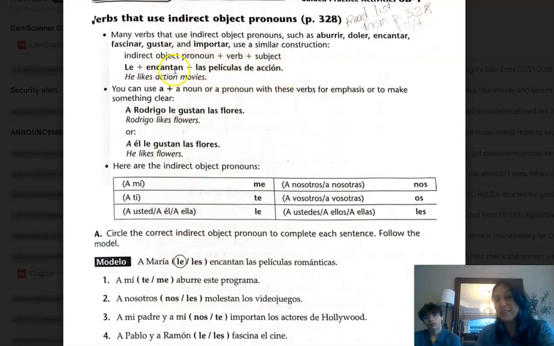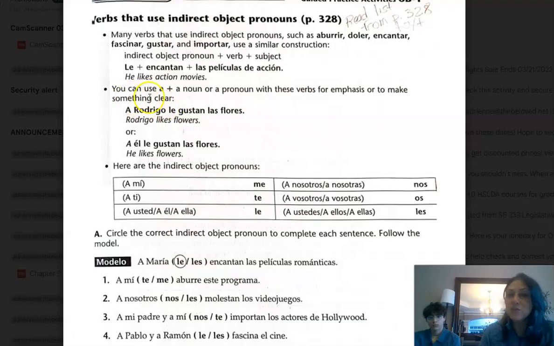So this gets conjugated, and remember, it only gets conjugated two ways, encanta or encantan, based upon whether this is singular or plural. Now, the indirect object pronoun is different. We don't decide what the indirect object pronoun is based upon the subject. We do that based upon the indirect object, okay? So this is translated, he likes action movies.